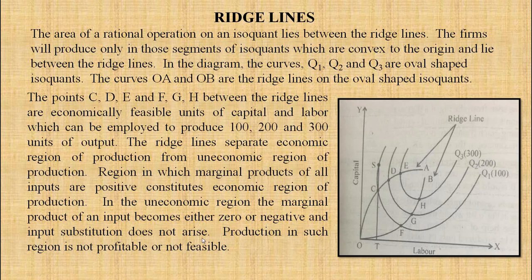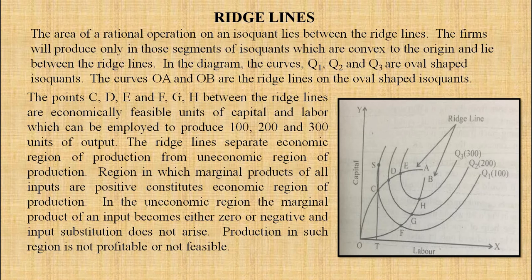The points C, D, E, F, G, H between the ridge lines are economically feasible units of capital and labor, which can be employed to produce 100, 200, 300 units of output. The ridge lines separate the economic region of production from the uneconomic region of production.